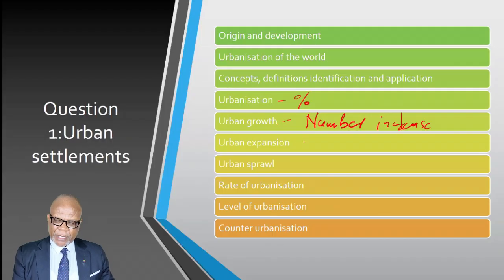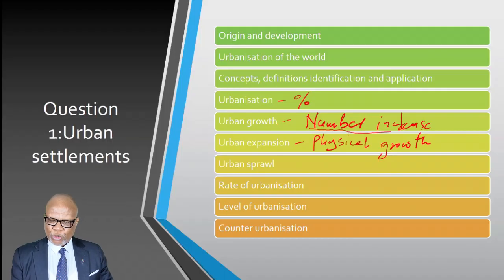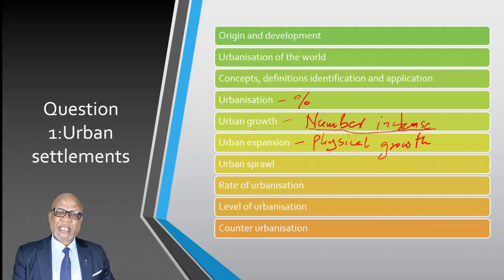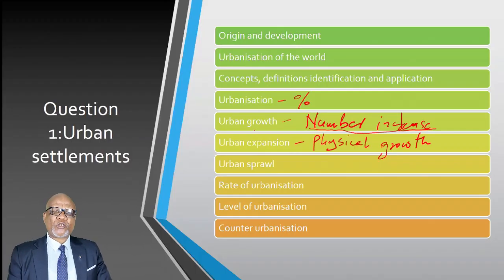And then we have urban expansion. What is expansion? This one refers to the physical growth. Now we have many people coming in. When many people come in, we are going to have what we call urban growth. It's an increase in number. So when the number of people increases, their needs are going to increase as well.